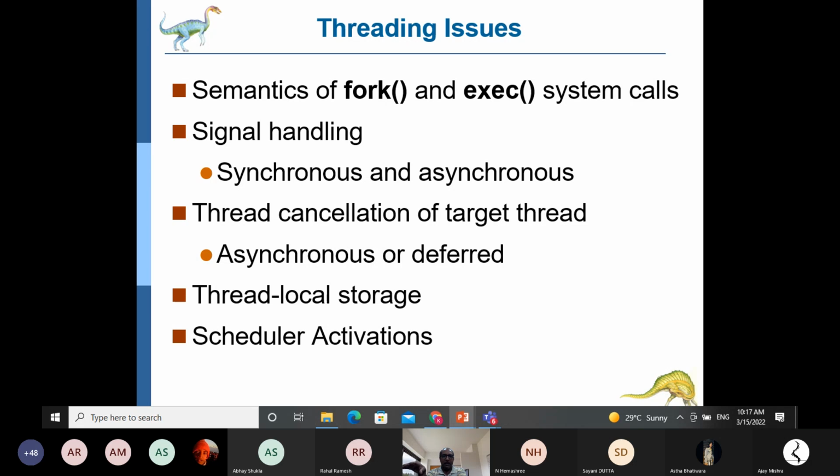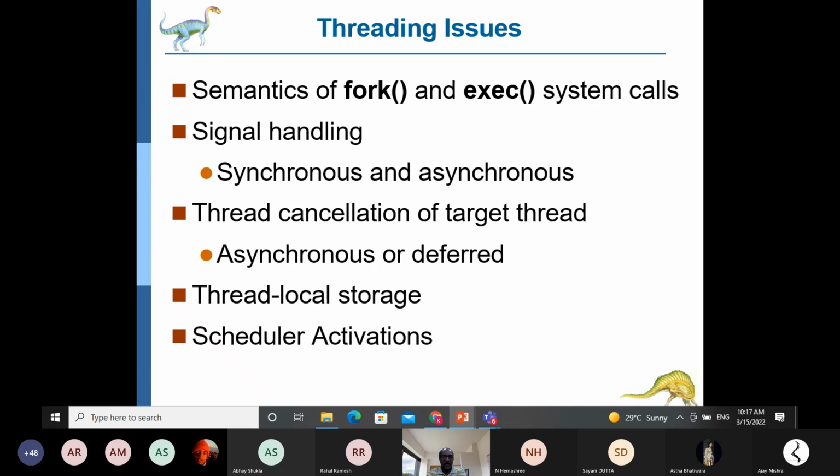Some data is shared across the threads, where the data belongs to the process and all the threads can share it. But in some cases threads maintain local data, which means that data will be available to that particular thread only. So we'll see what is meant by thread local storage and where it is required.